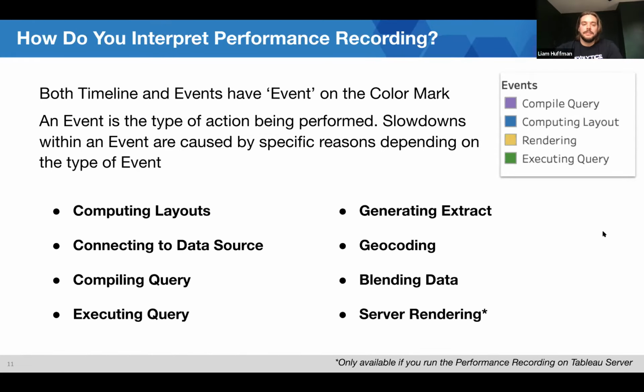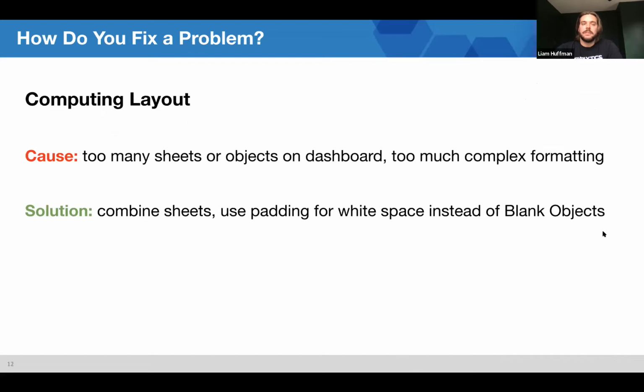So to start it off, let's talk through computing layouts. If you see that you have a huge bar for computing layouts, more than likely you have too many sheets or objects on the dashboard, or there's just too much complex formatting. So you might have a ton of blank sheets on there. We're trying to create that white space, these beautiful borders, these dividing lines.